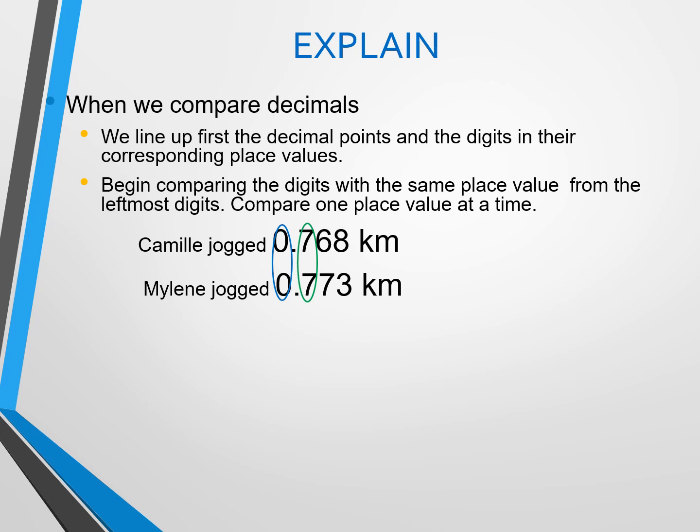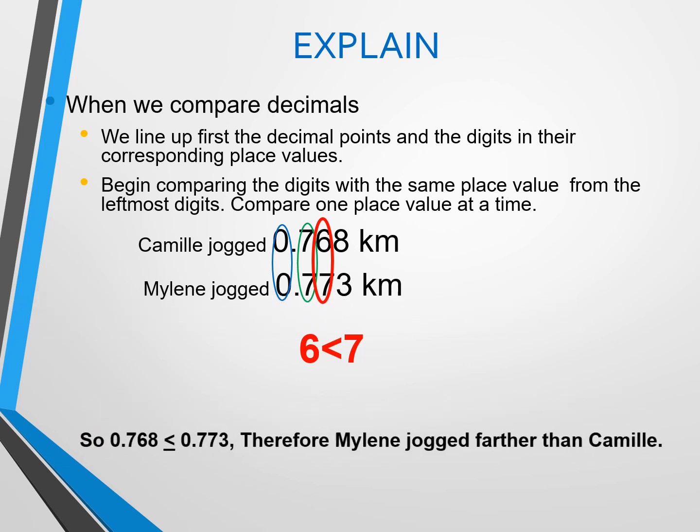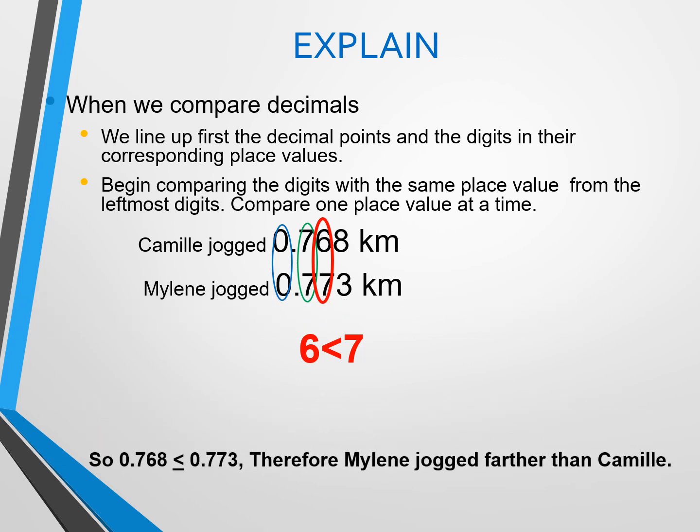So we will proceed to the next place value, which is the hundredths. So 6 and 7 are different. So we can already compare. 6 is less than 7. So therefore, 768,000 is less than 773,000. Therefore, Mylene jogged farther than Camille.